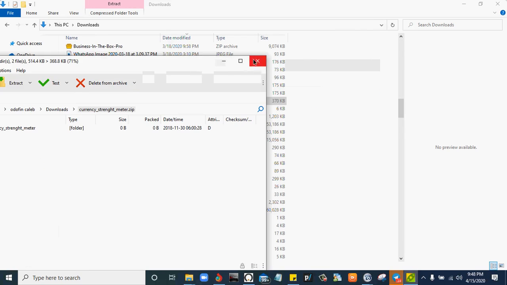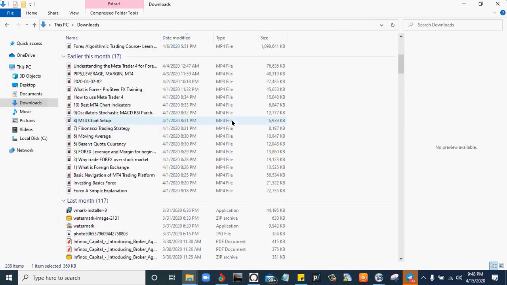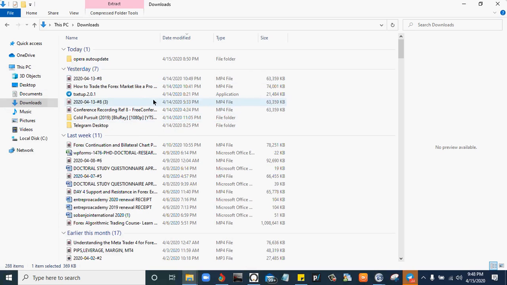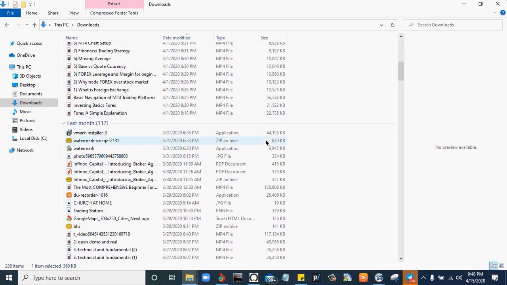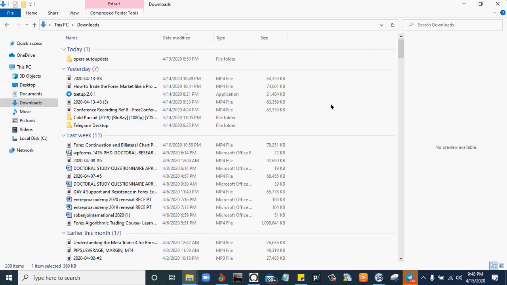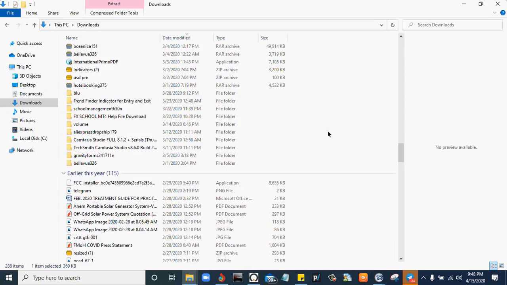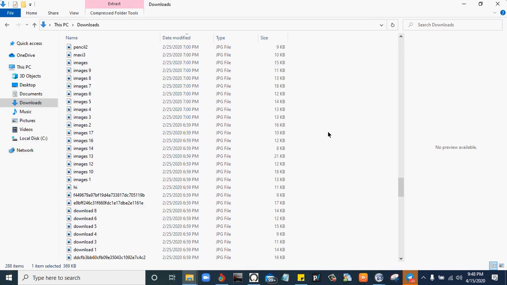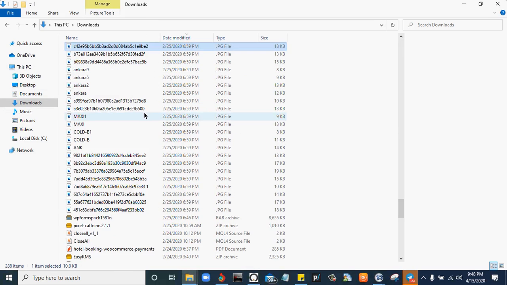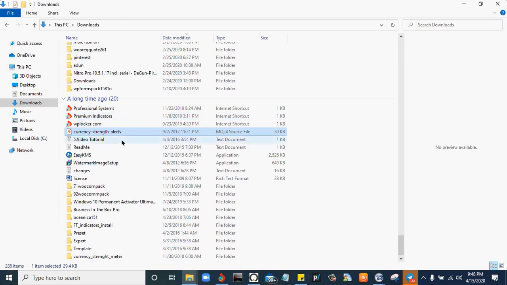Okay. So this is it. Currency strength alert. That's an MQL4. This is how it looks like.